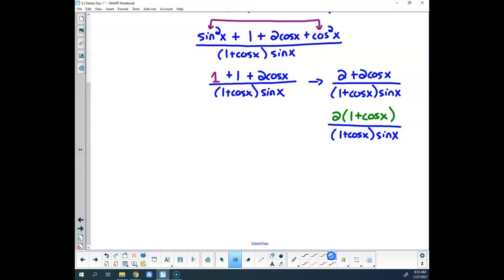Then what can happen? Now the 1 plus cosine cancels the rest. Yep. Leaves me with 2 over sine. 2 over sine can more easily be written as 2 cosecant.